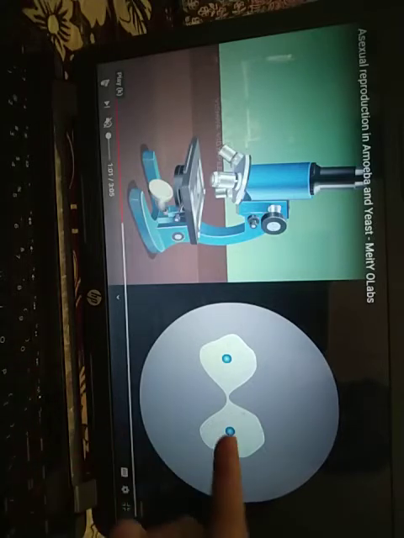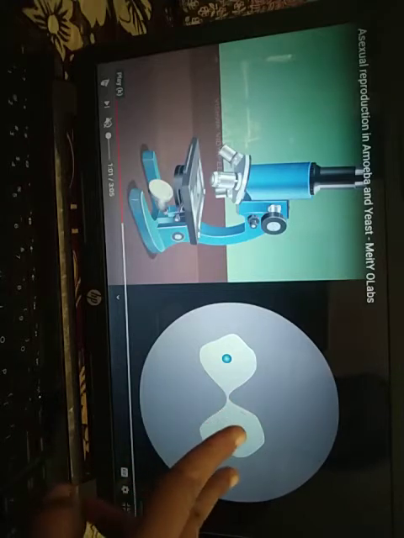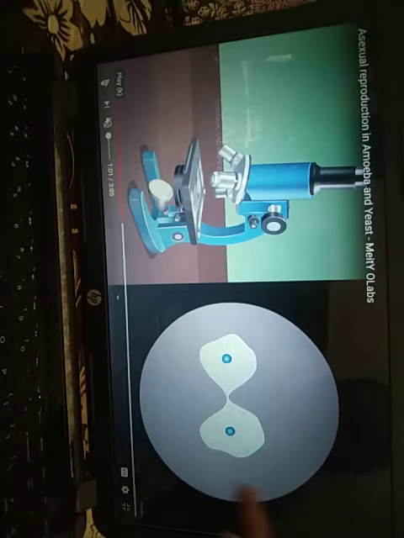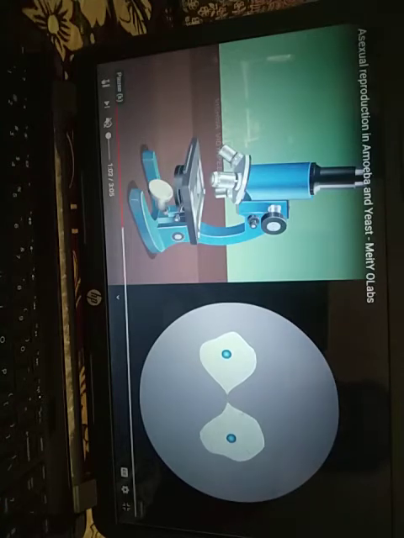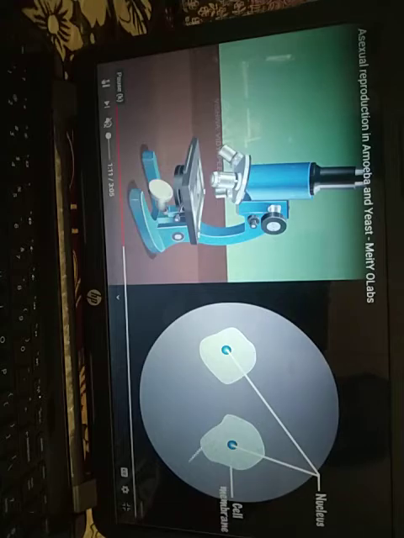See here, after the division of the nucleus, both the nuclei have moved in opposite directions, and the cytoplasm has divided, and as soon as the division is completed, two daughter amoeba are formed from a single mother amoeba. So two nuclei, cell membrane and cytoplasm.